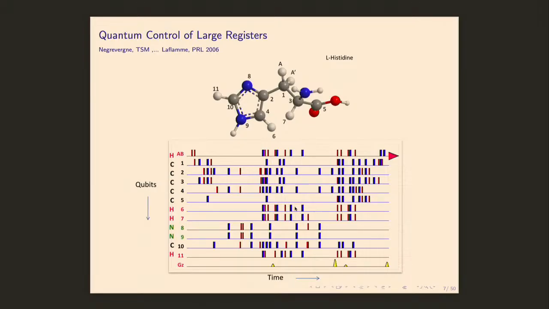It resonates only with that pulse, because they all have different resonance frequencies because of chemical shift. The blue ones are nitrogen, the dark gray ones are carbons and the white ones are hydrogens. They are all the same isotopes, but they have different resonance frequencies because of chemical shift. Depending on the chemical neighbor, their Larmor frequencies are shifted.